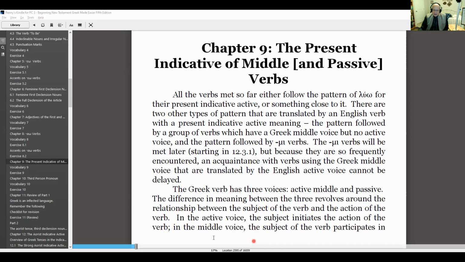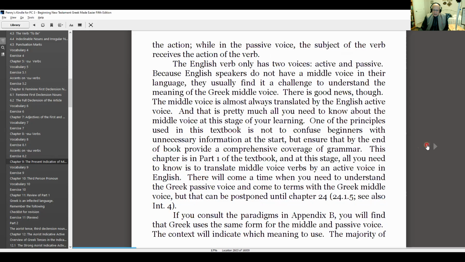In the middle voice, the subject participates in the action of the verb, while in the passive voice, the subject of the verb receives the action of the verb.